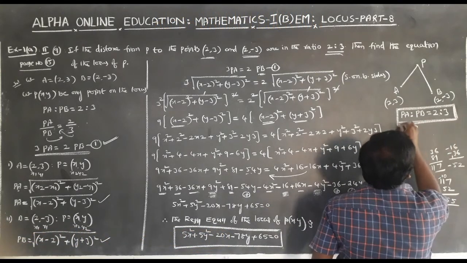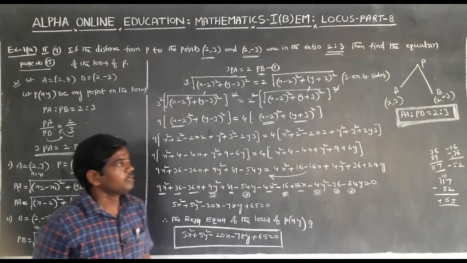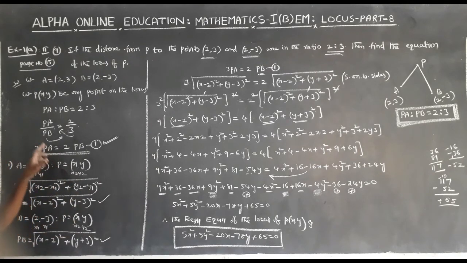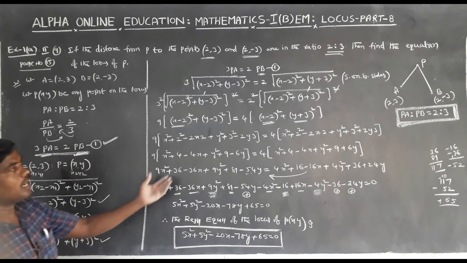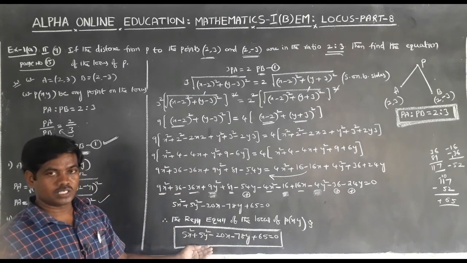PA by PB is equal to 2/3. Taking cross multiplication, 3PA = 2PB. First of all, find PA and PB values, substitute and simplify. This is the equation of the locus of P.